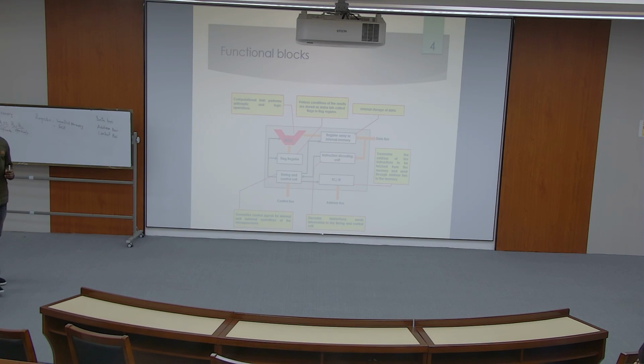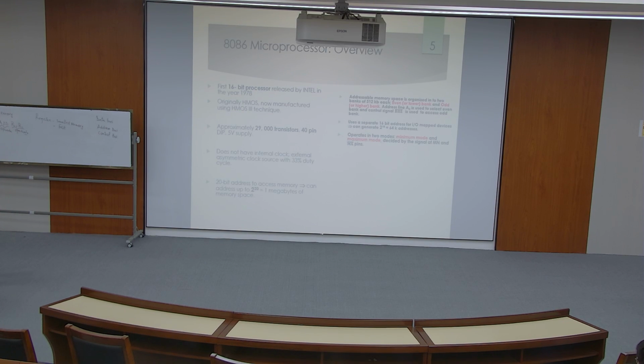Because the microprocessor has many instructions, the timing and control unit generates control signals for internal and external operations of the microprocessor, to avoid conflicts and to allow operations to be done in a specific order. So this is the functional block of a microprocessor, and these are its main components.